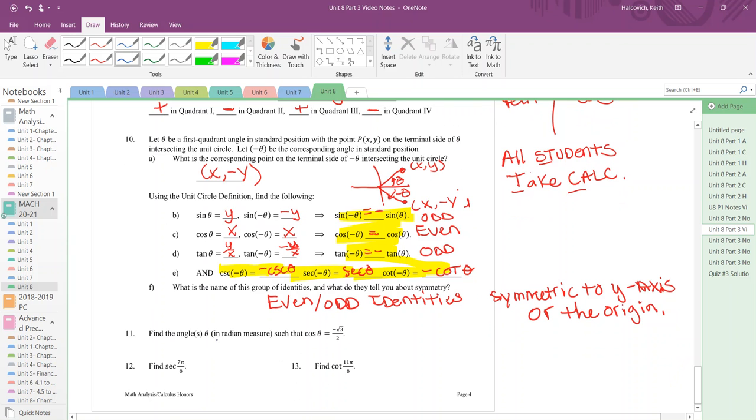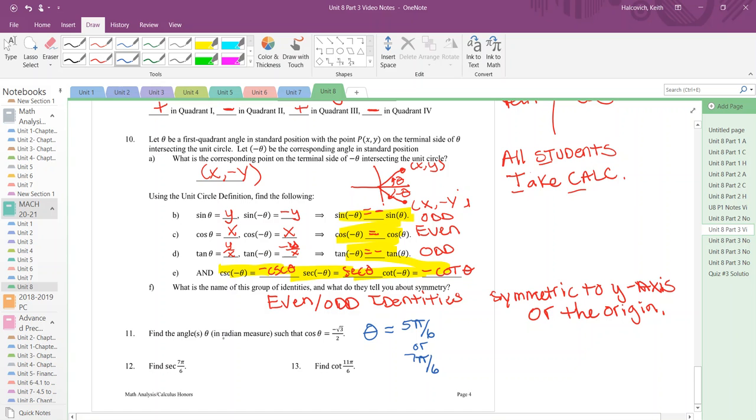Find the angles in radian measure such that the cosine is equal to negative rad 3 over 2. Well, remember, cosine is equal to rad 3 over 2 when you have a 30 degree, or in radian measure pi over 6. So cosine is negative in the second and third quadrant, so it'd be 5 pi over 6 or 7 pi over 6.